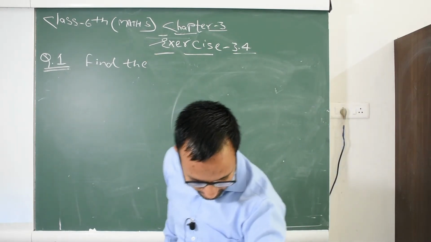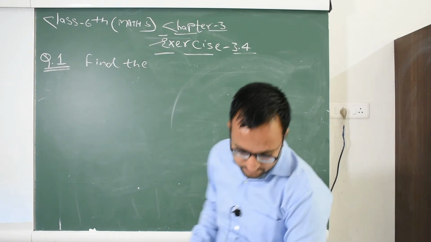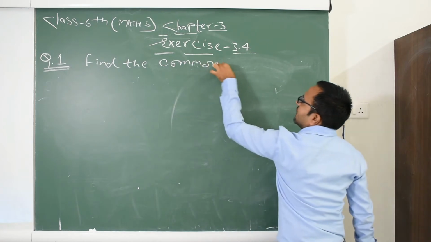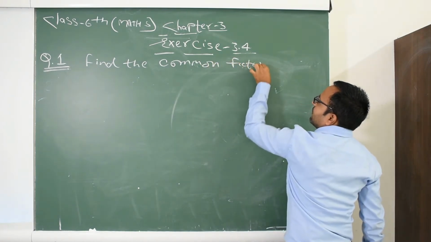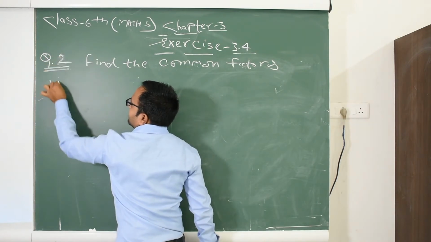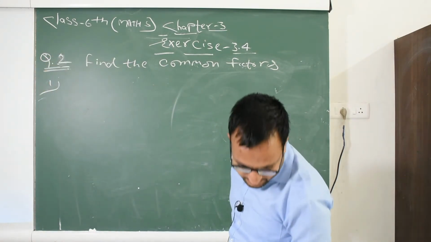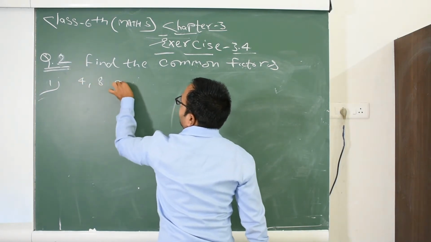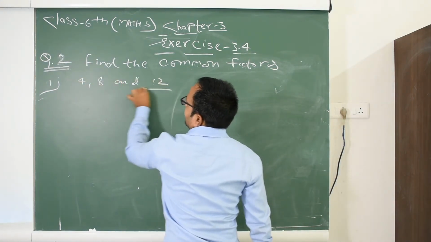Second question: find the common factors of 4, 8 and 12. Again we find common factors. Question number second, the numbers are 4, 8 and 12.